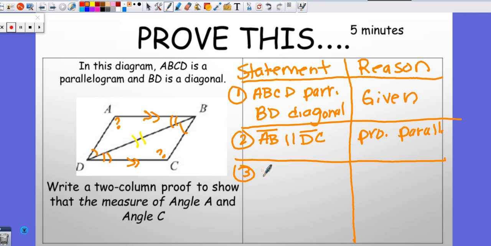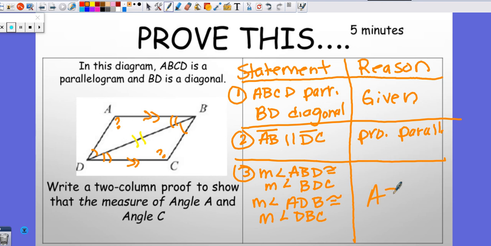So I can say the measure of angle ABD is the measure of angle BDC, and the measure of angle ADB is congruent to the measure of angle DBC. And those are alternate interior angles again.